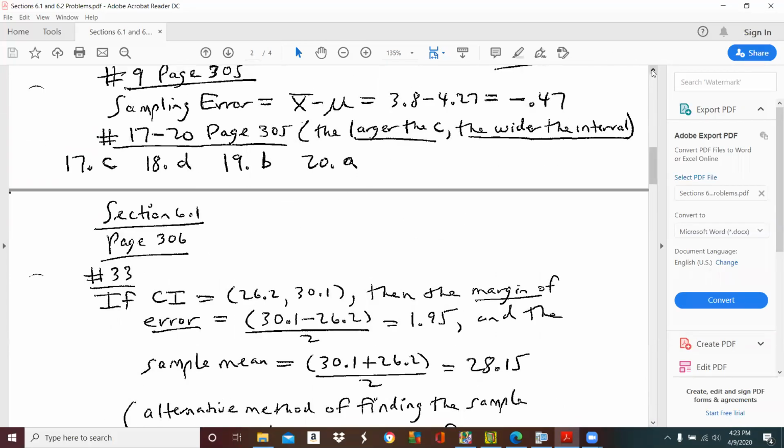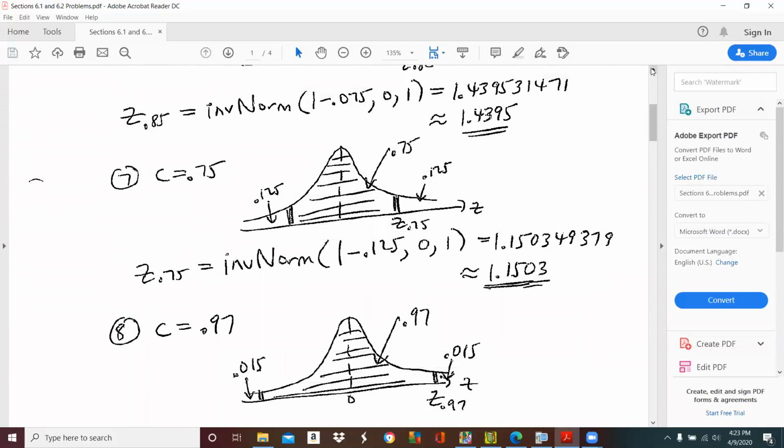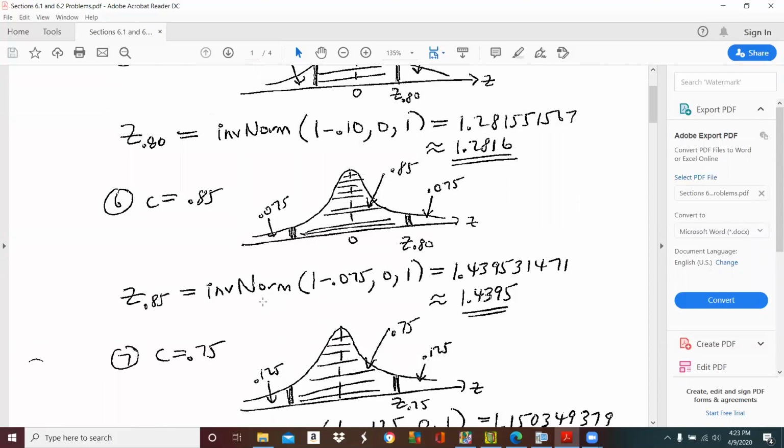So how do we find the critical value for that one? Well, inverse normal. In this case, since the area to the right of the critical value is 0.075, the area to the left is 1 minus 0.075. Again, the mean is 0, standard deviation of 1. And we get this answer, 1.4395, as the critical value.